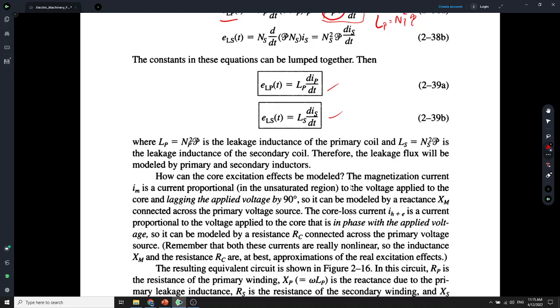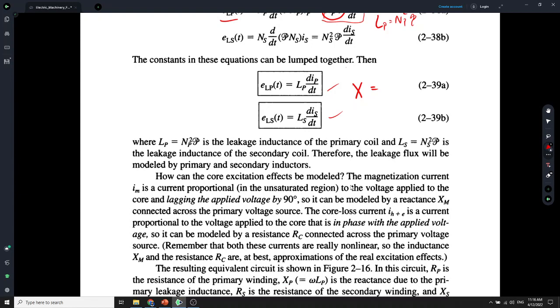Since we know that the parameter is inductance, we can convert it into a reactance. What is the relation between X, the reactance, and L? How do we calculate the resistance, or what is called the reactance, in terms of the inductor?